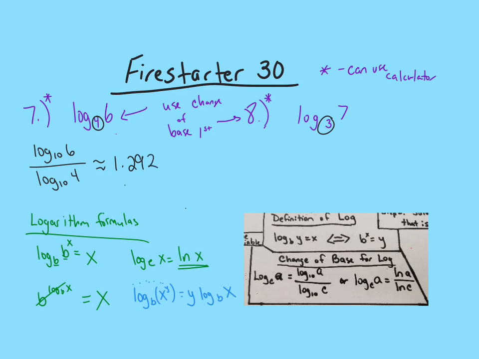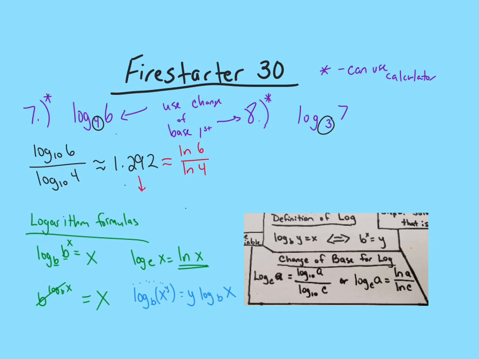Now, some people don't use the log. Some people like to use ln. Same difference. Look, if I plug it into my calculator and I use ln of 6 over ln of 4, I'll get the same answer. ln of 6 divided by ln of 4, I end up with the same exact answer.